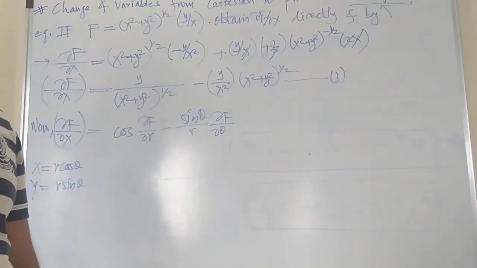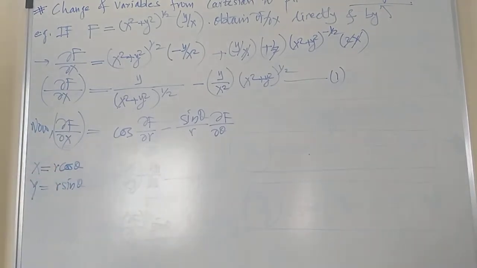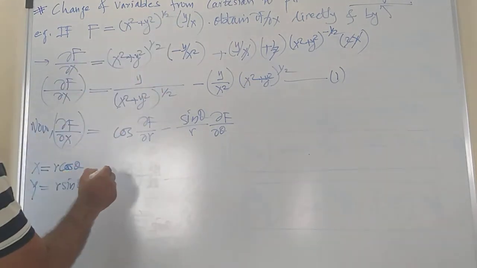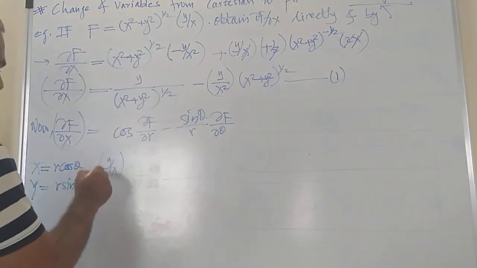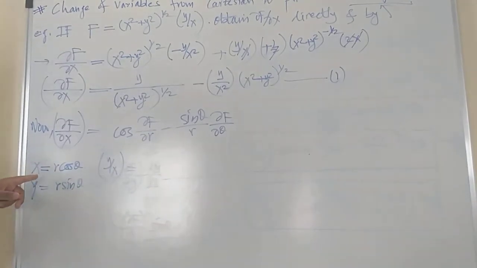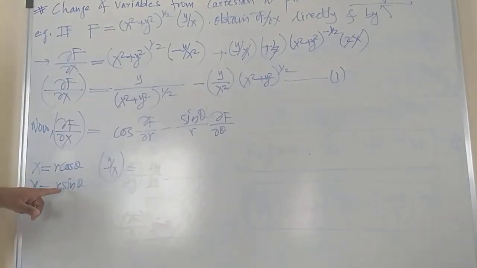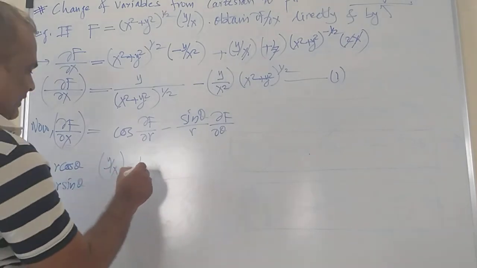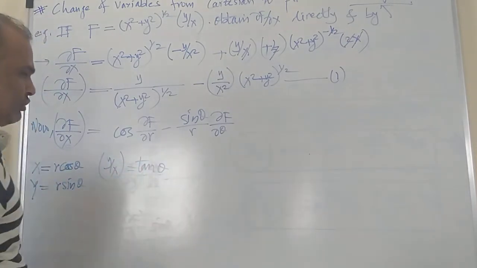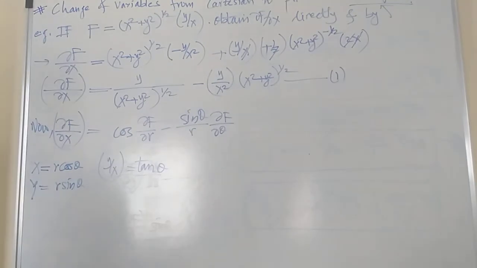Then y by x is equal to r sin theta by r cos theta. R gets cancelled, sin by cos is tan theta. So this becomes simpler: tan theta.